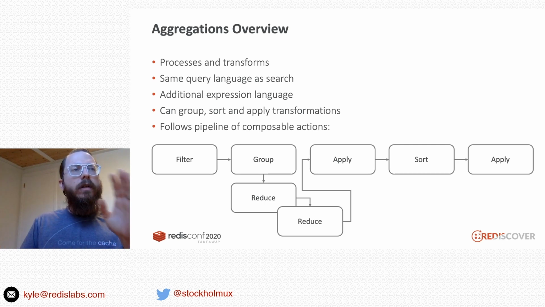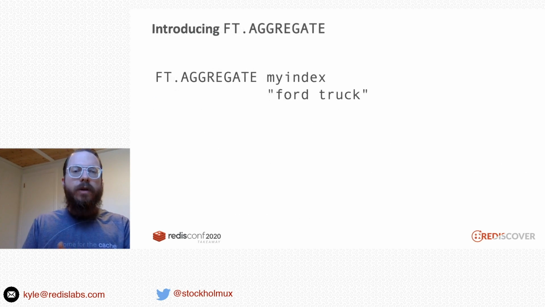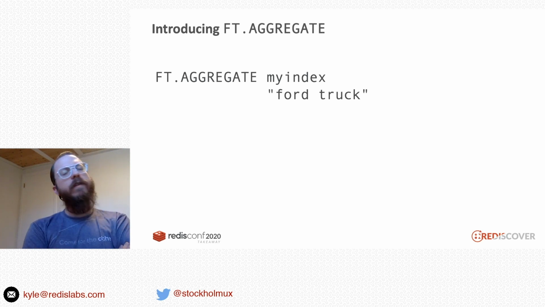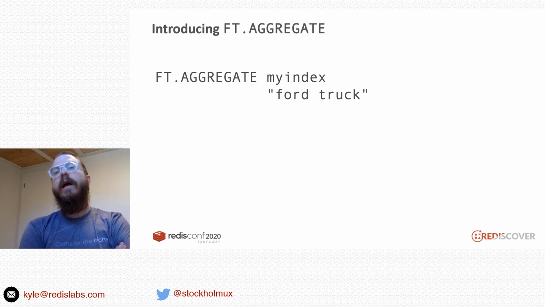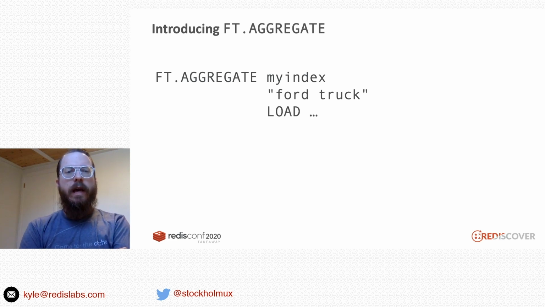Let's take a look at an introduction overall to the syntax. It's going to look a lot like search, ft-search, up to a point. So ft aggregate my index for a Ford truck. This is an example I've used previously where we're looking for used cars, right? This would find documents that contain both Ford and truck. Now, we have a number of different features that we add in.